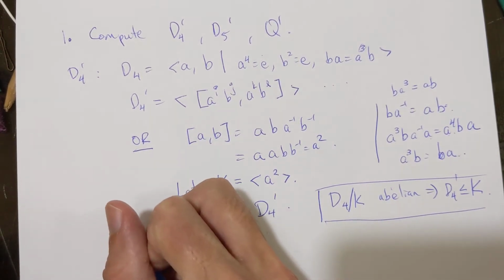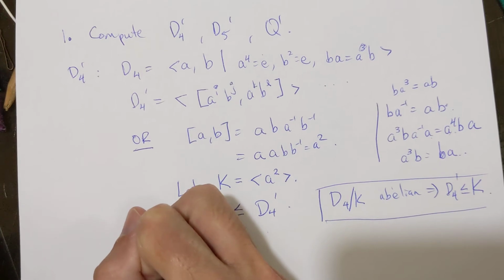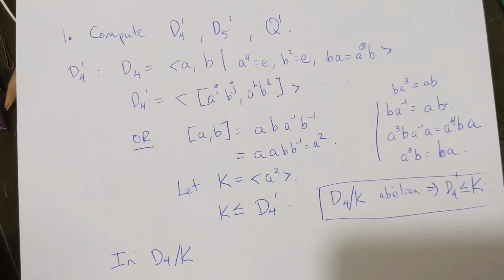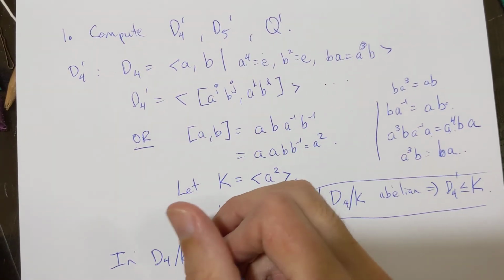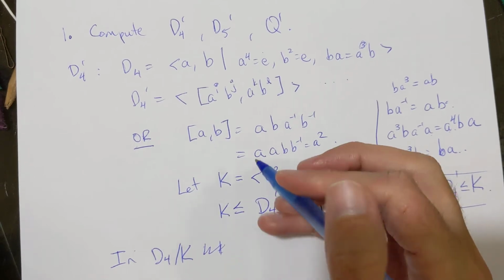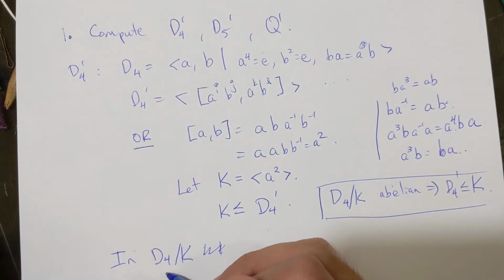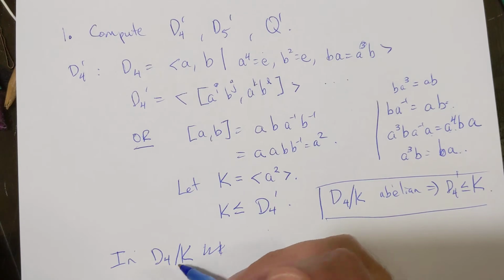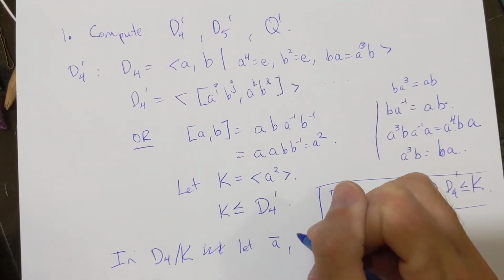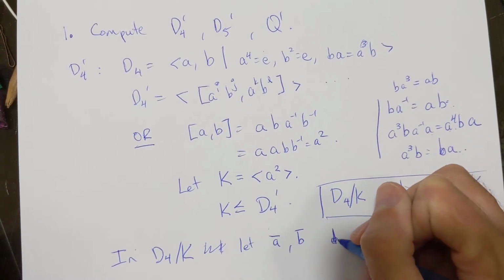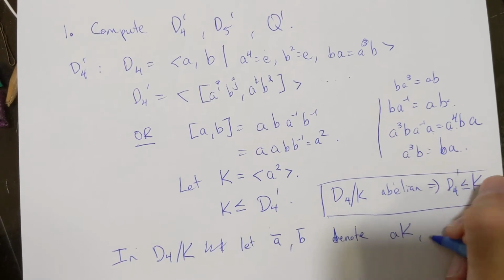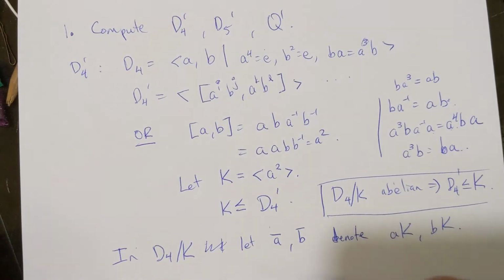Okay, so in D4 mod K, since D4 is generated by A and B, D4 mod K is generated by the cosets of A and B. Let A bar and B bar denote the left cosets of K, AK and BK.